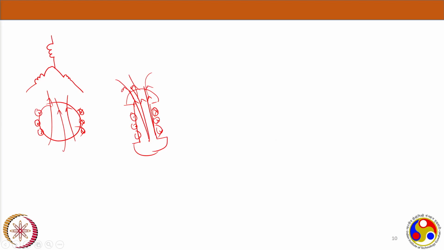So the next thing which we will discuss in this synchronous machine is the ratings of this synchronous machine. Usually you observe the ratings of synchronous machines are very large compared to induction machines. Now the single-phase induction machines which we discussed today and last week, their power ratings are only in the order of watts, not more than that.